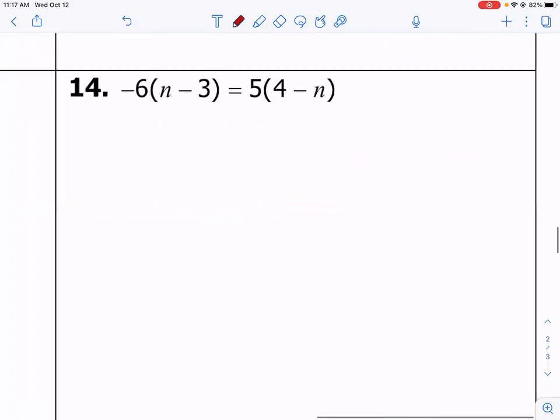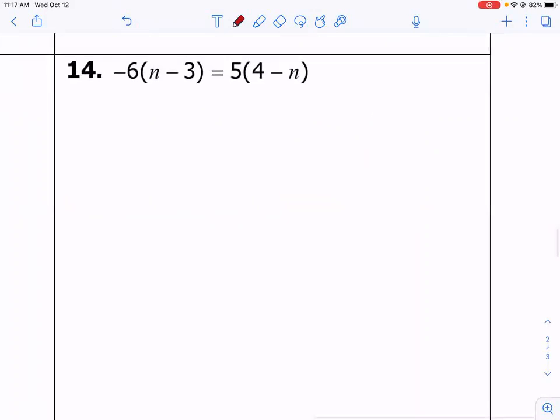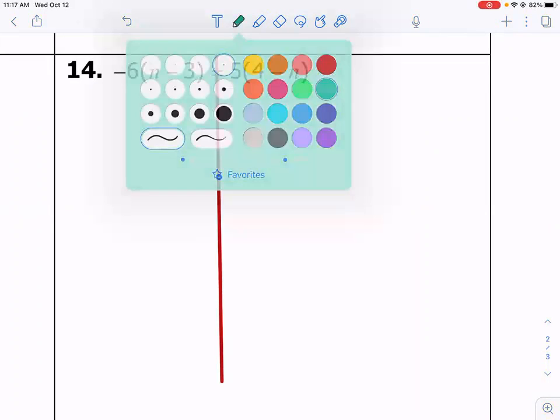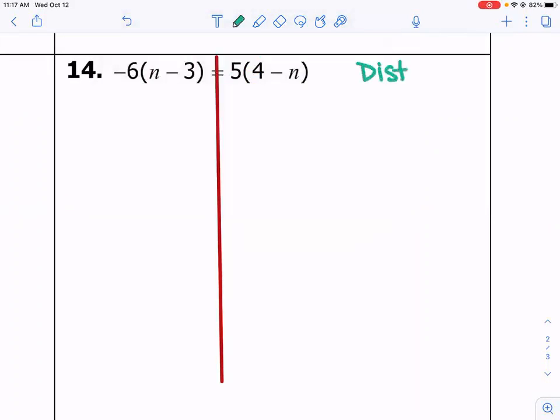We're gonna do number 14. I want to make sure that we practice distributing in our notes before I send you to your homework. Okay, because guess what? We need to distribute in this problem. Don't we? Oh, we get to distribute twice. Oh, okay.